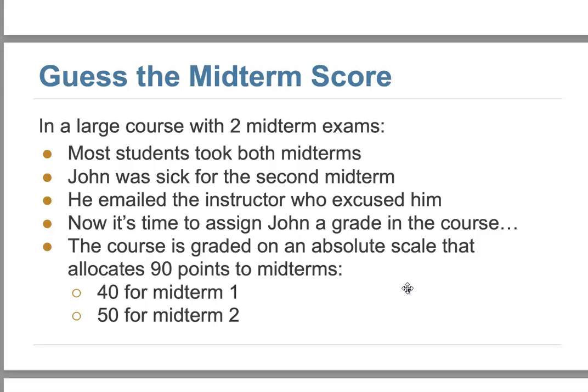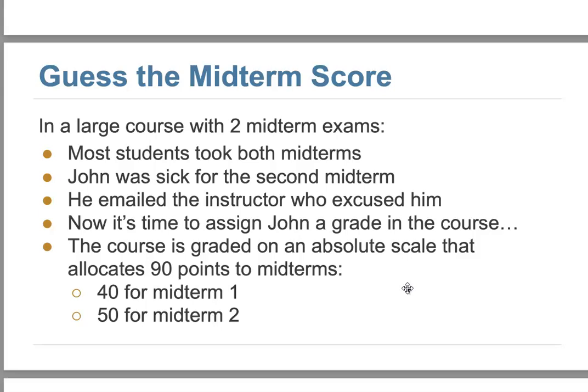To give you more information about the two midterm exams: this course is not scaled. It is graded on an absolute scale that allocates 90 points to the midterm exams. The first midterm exam is 40 points, and the second midterm exam is 50 points.